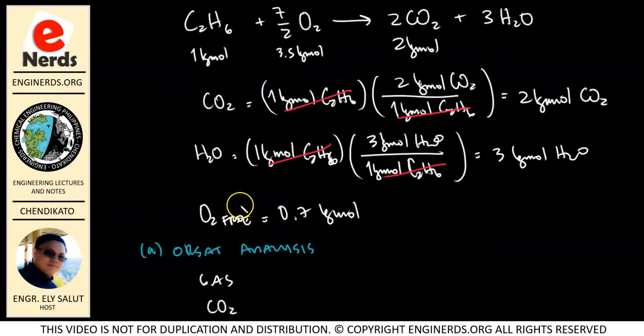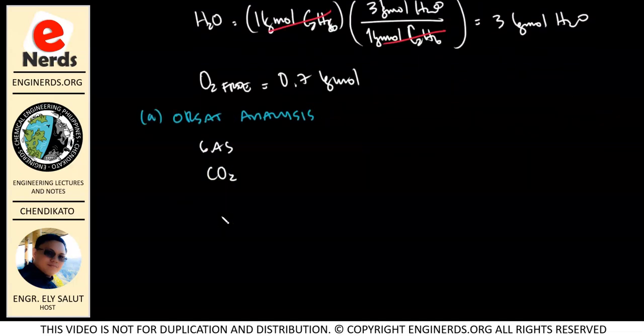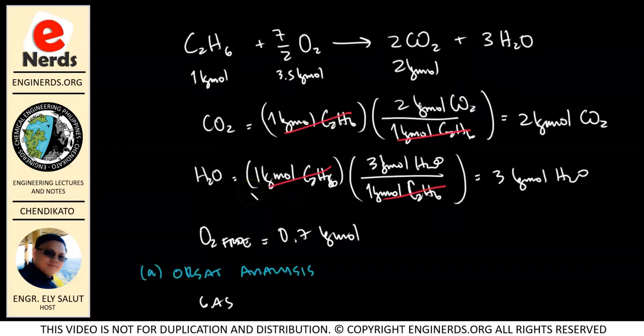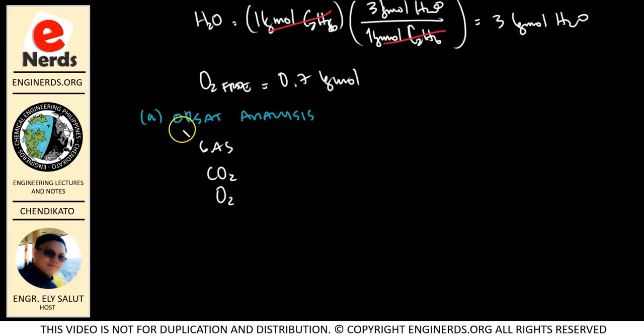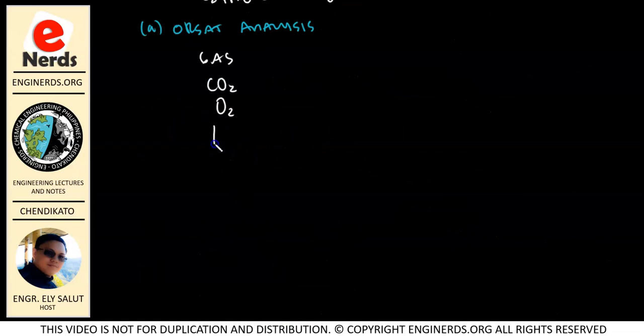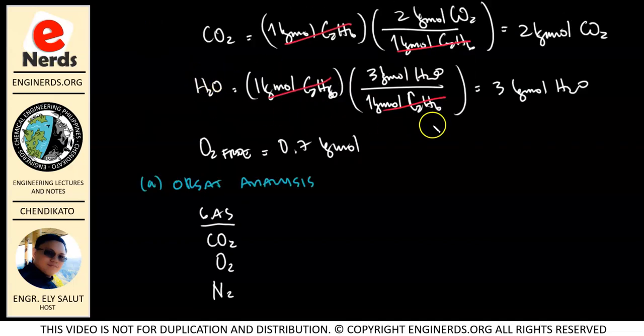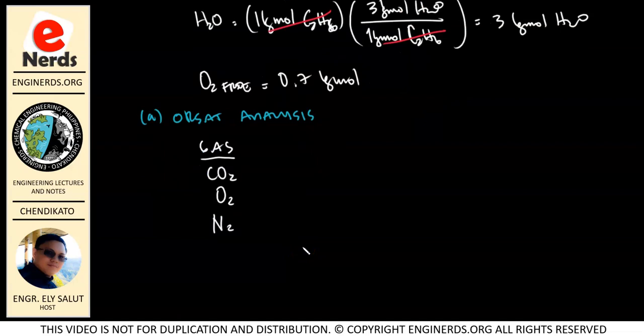Because not all of our oxygen will be used in the combustion. And then we will have nitrogen because we supplied air. So we have N2. Now, we are looking for Orsat analysis, right? So that means we will not be considering the water that is in our stack gas. Okay, so that will be out of our calculation for Orsat analysis.